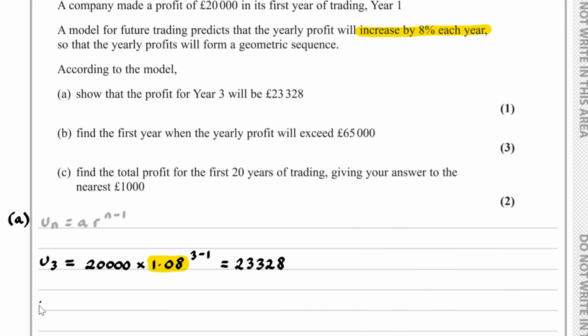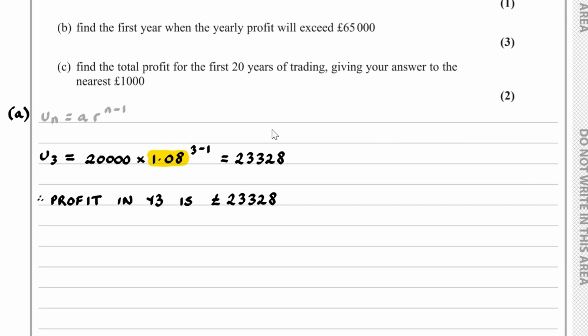And so, therefore, we can conclude that the profit in year 3 is 23,328.